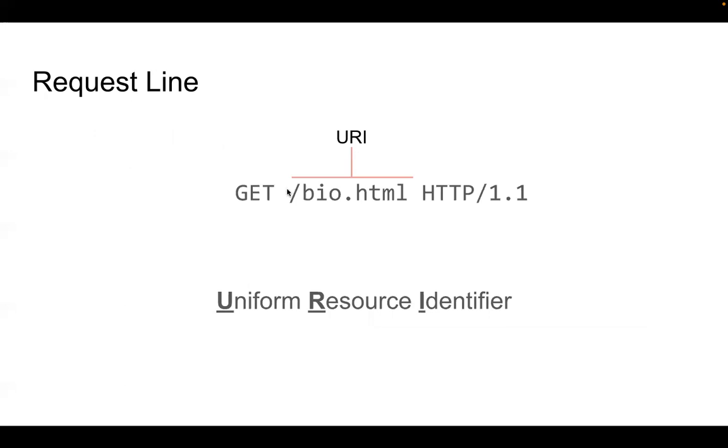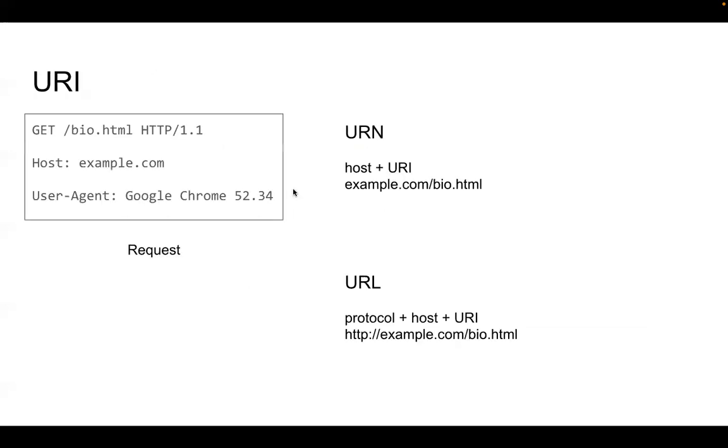Okay, so for the second part of this, the URI, URI is Uniform Resource Identifier. It's not the URL. URL is all of this information here. URN is your host, so your host is your domain name, and then URI comes after it.